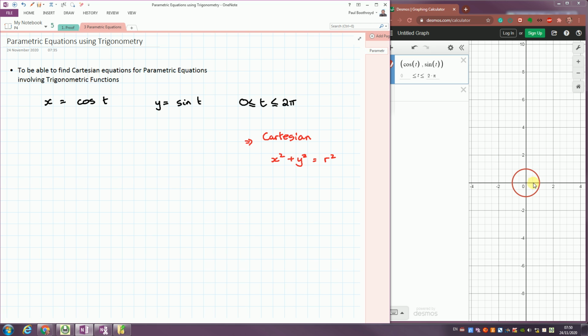All of what we're talking about is Pythagoras triangles inside to create this endpoint, all of them with the same length. Now, one thing we've got to do is find ways of actually creating Cartesian equations with these. What we need to be able to do is create all our trigonometric identities and spot them quickly.